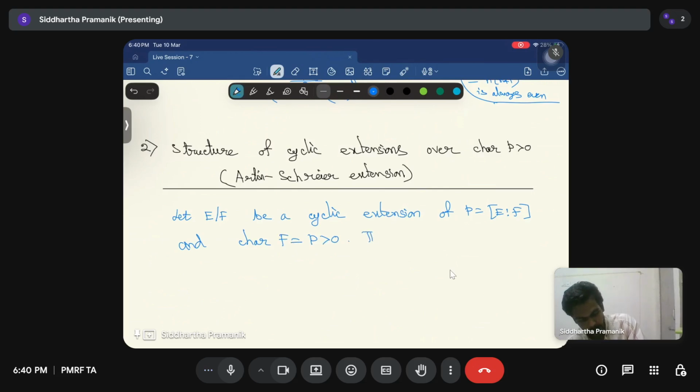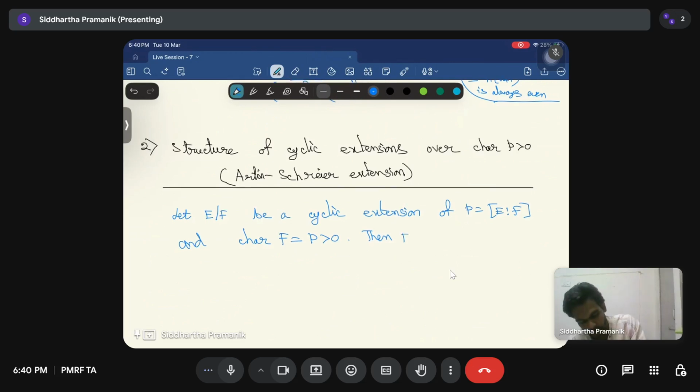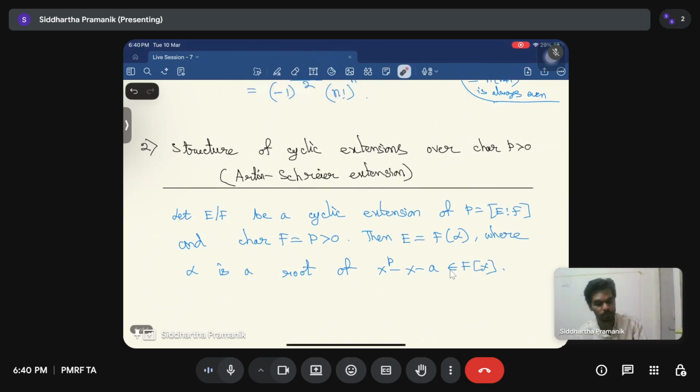Then this E has a particular structure. This E has to be of the form F(alpha), where this alpha is a root of the polynomial x power p minus x minus a, where a belongs to F.